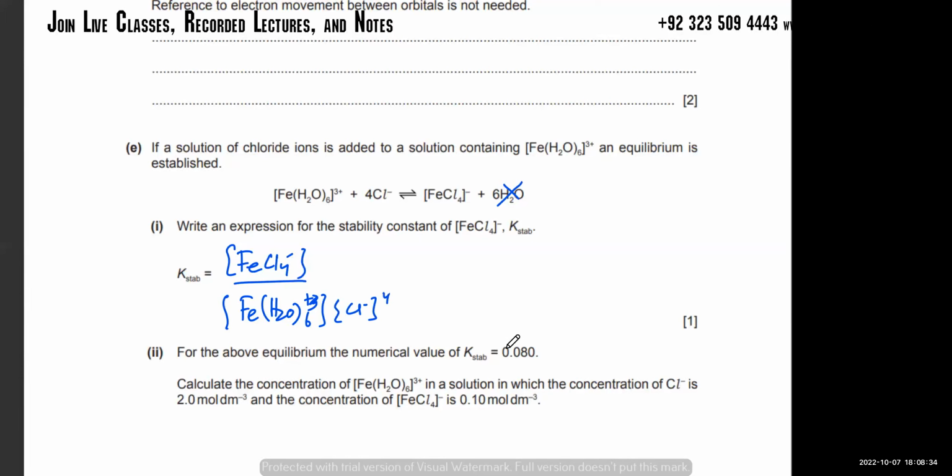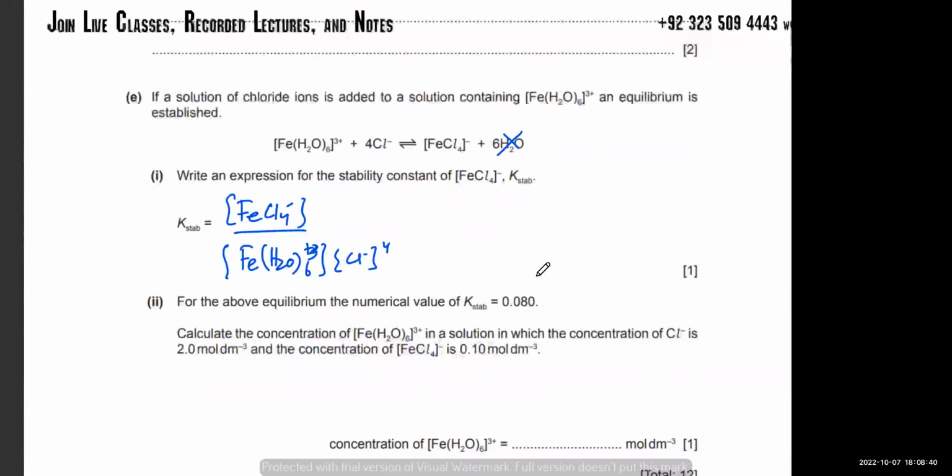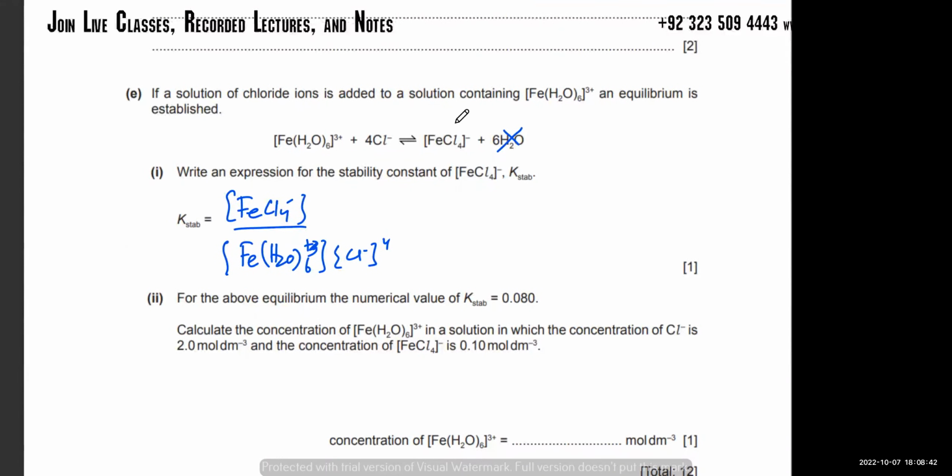And the numerical value of K stability is 0.08. So that's kind of low. It's a small value. So if the value is small, then there's very little chance of this actually forming. He's asking to calculate the concentration of Fe(H2O)6 3+ in a solution in which the concentration of Cl- is 2 mol dm-3. So everything is given.